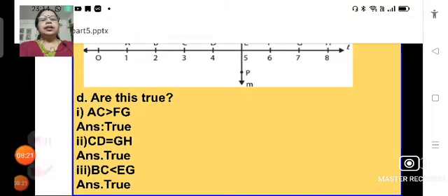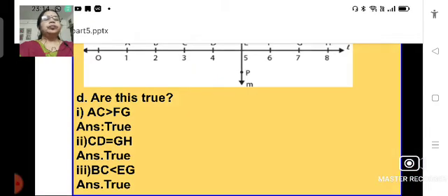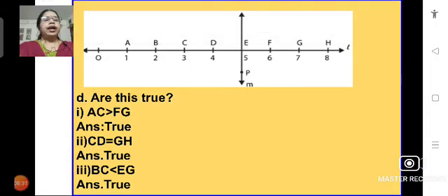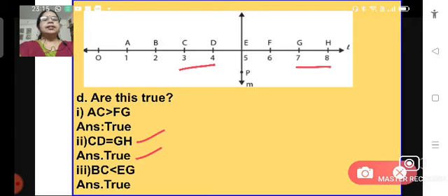Here we have CD, and here we have GH. GH is also made up of 1 unit and CD is also made of 1 unit. So yes, they are equal to each other. Yes, it is true. Then the third one, BC is less than EG. BC consists of 1 unit and EG consists of 2 units. So EG is greater than BC. That is also true.